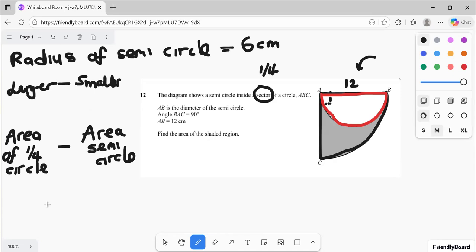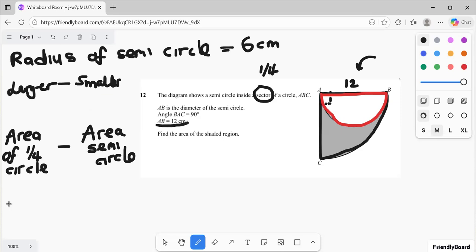What I just need to do first is also to find, just like what I did there, the radius of the semicircle. I can also find the radius of the quarter circle, which is given right here. They say it is 12, isn't it? All right.